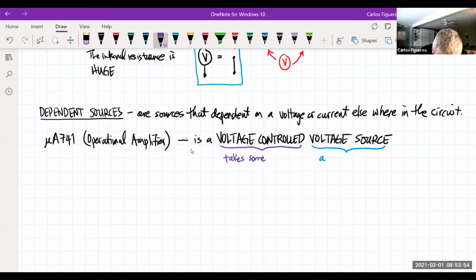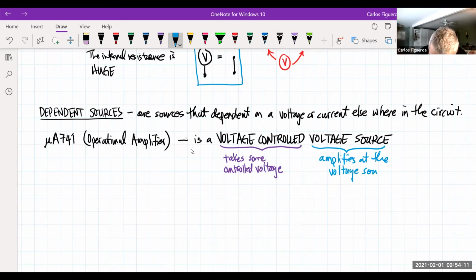It takes some controlled voltage, and what it does here is it amplifies it at the voltage source. So if you were to really look at this thing, in an op amp, they call this guy here the input voltage, and they call this guy here the output voltage.